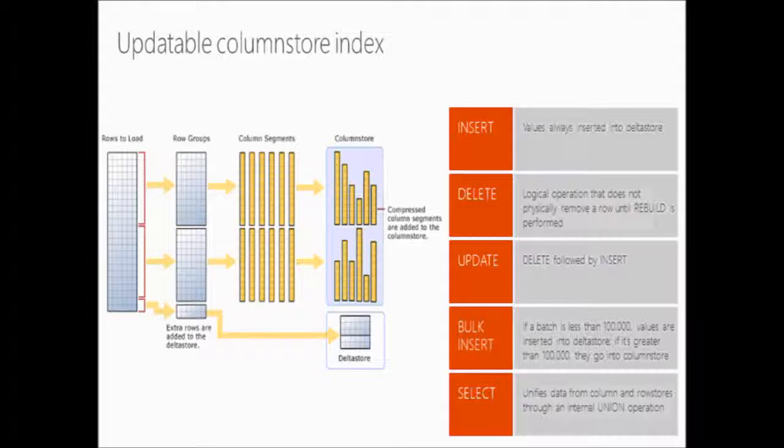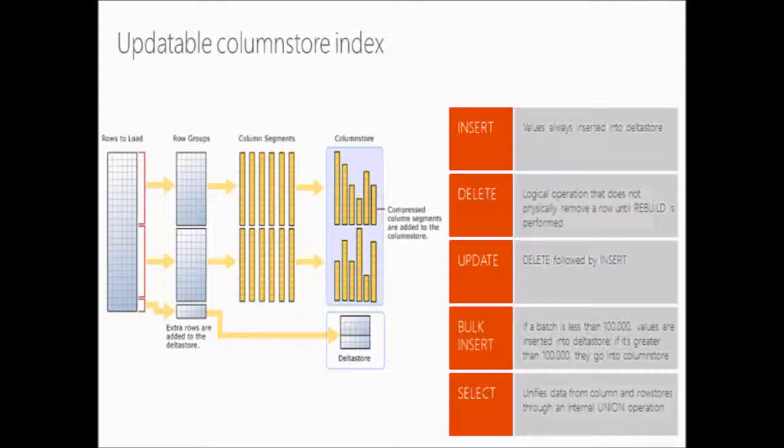How it works is, when you load data, it divides your data into row groups. When a row group reaches 1 million records, it's converted to column segments and each segment is compressed to a smaller size in the storage part.